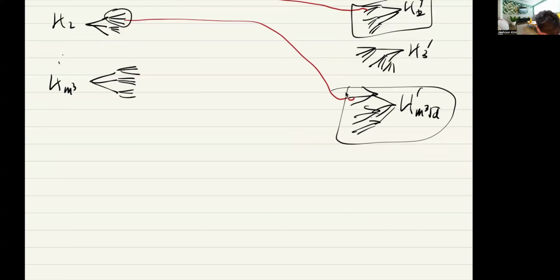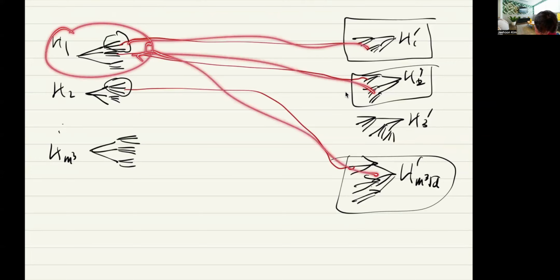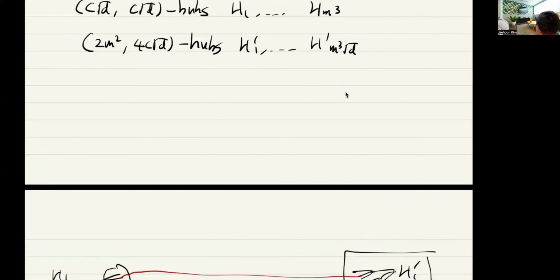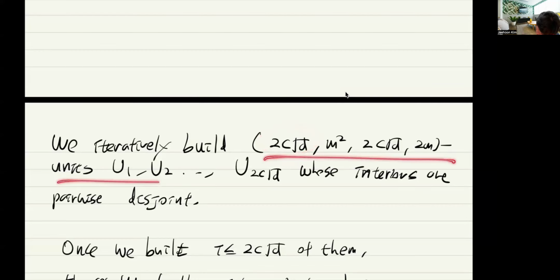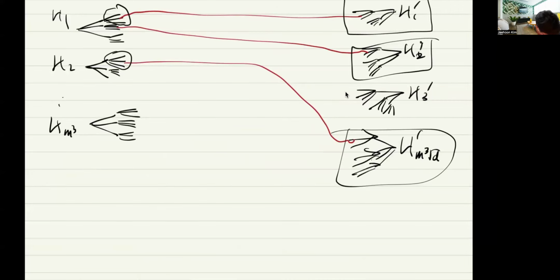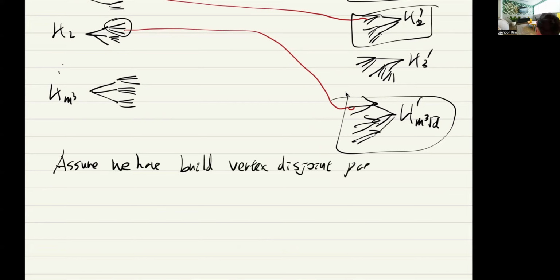And you do that until when? Until you find one of them that's connected to enough number of hubs so that this number is like this number, then you will get this unit. So assume it's not done yet. So assume we have built vertex disjoint paths between hi and some h prime j.